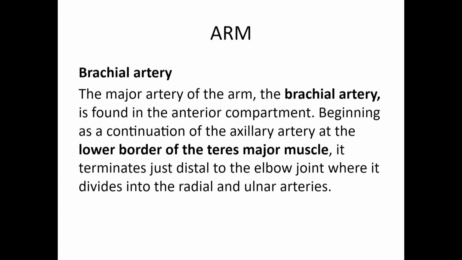It begins as the continuation of the axillary artery at the lower border of the teres major muscle, and it terminates distal to the elbow joint, where it divides into the radial and ulnar arteries, right?